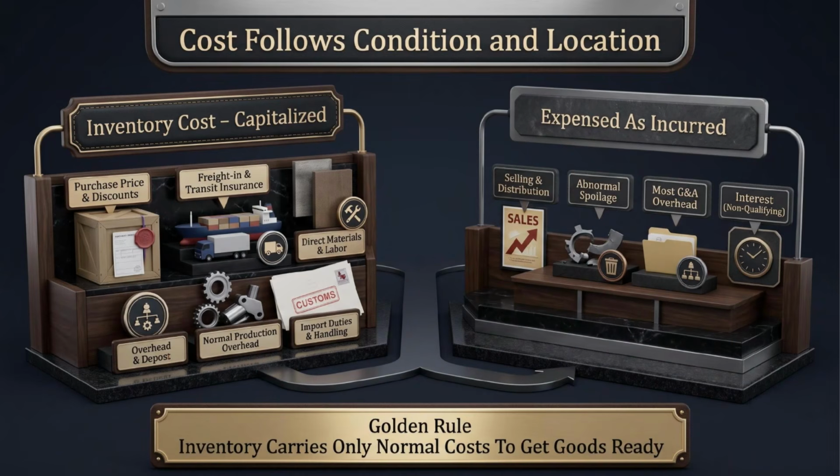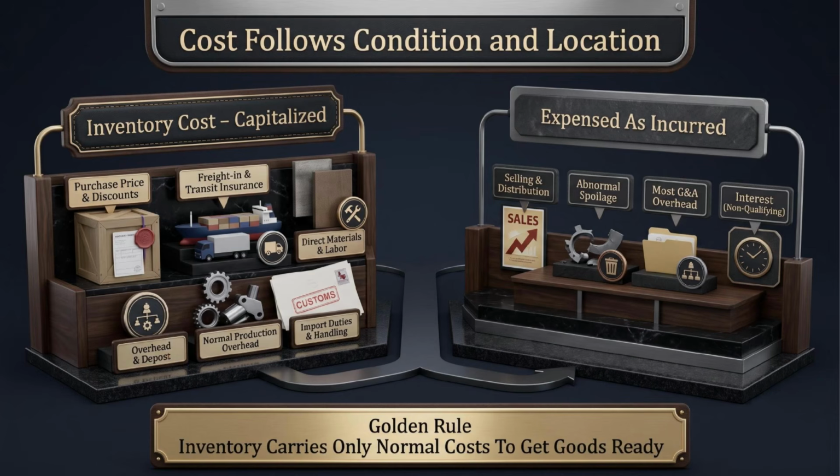Once control is clear, cost follows condition and location. Capitalize normal costs that bring inventory to its present condition and location, such as purchase price net of trade discounts and rebates, freight in, transit insurance, import duties, handling charges, direct materials, direct labor, and normal production overhead.